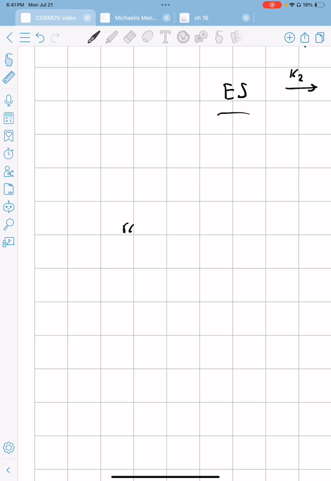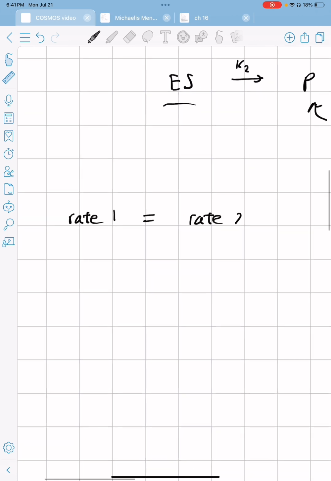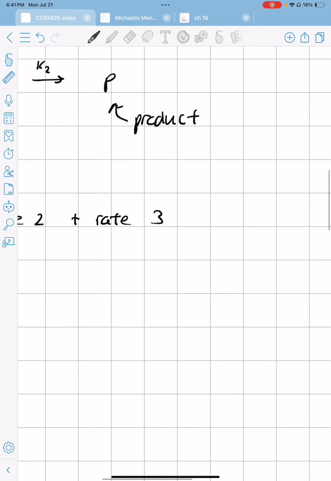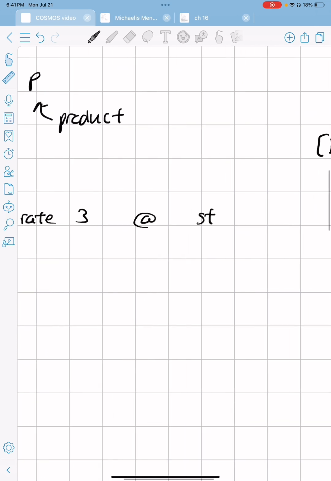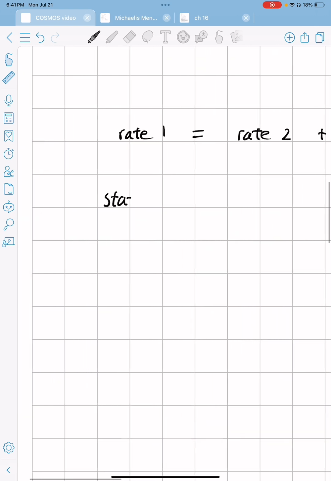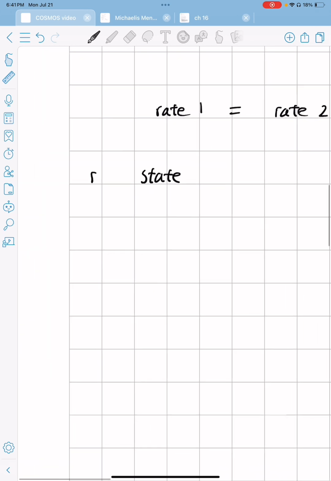That means that rate 1 is equal to rate 2 plus rate 3 at steady state. What does that mean? Steady state actually means the intermediate, oops, I forgot to write steady, sorry.